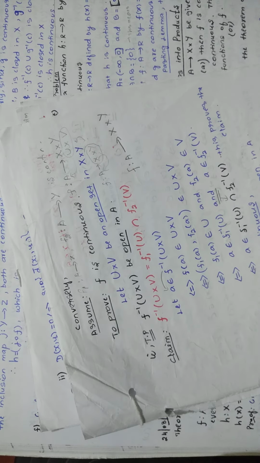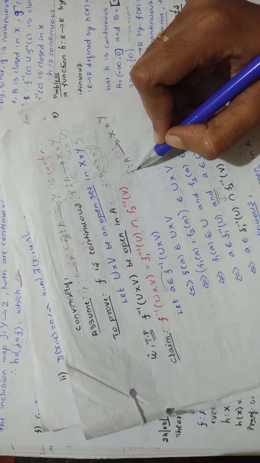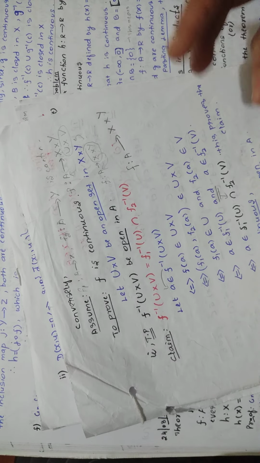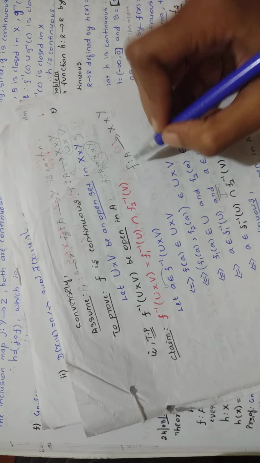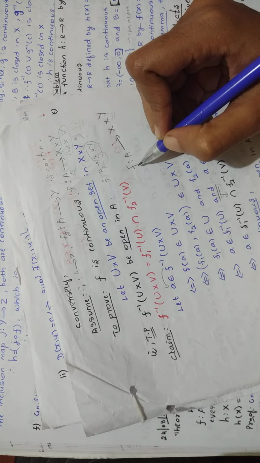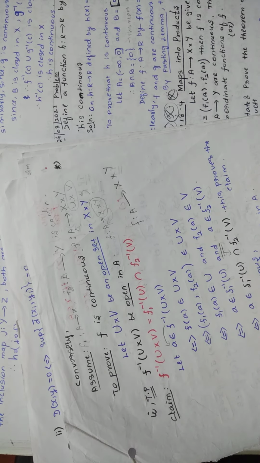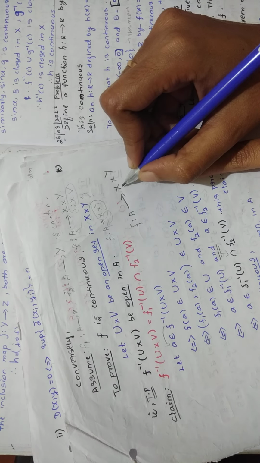So here we know that if you want to say f is continuous, you take an open set in general. To say this function is continuous, first you take an open set from this set.